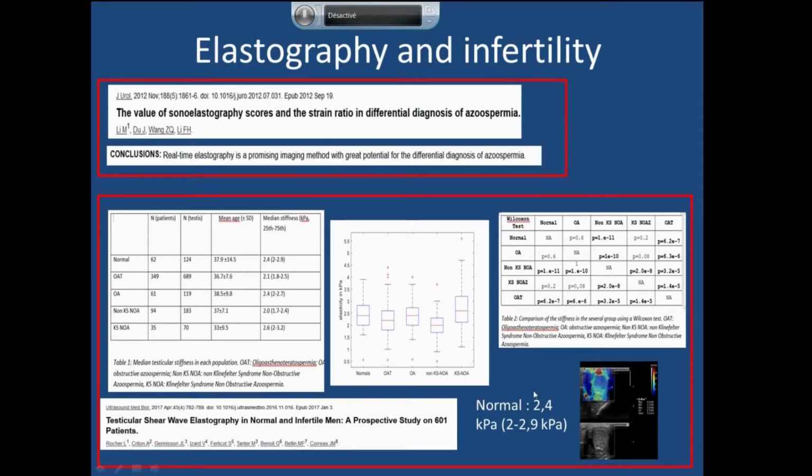The normal value in these studies, with the region of interest located in the middle of the testis, was 2.5 kilopascal, which is the same as the Trottmann study.